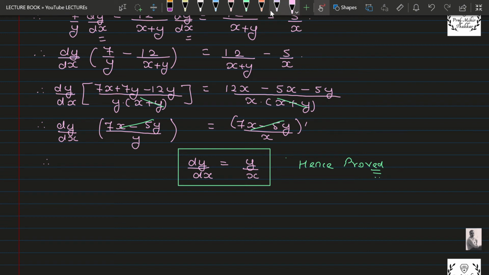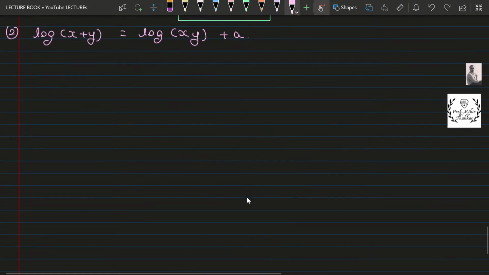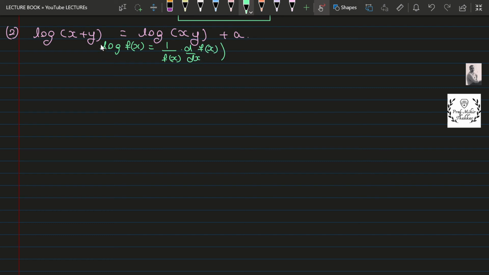Let us see the sum number 2. Sum number 2 is log of x plus y is equal to log of xy plus a. So both the terms we will directly use the formula for log of fx, the answer for which is 1 upon fx into derivative of fx.